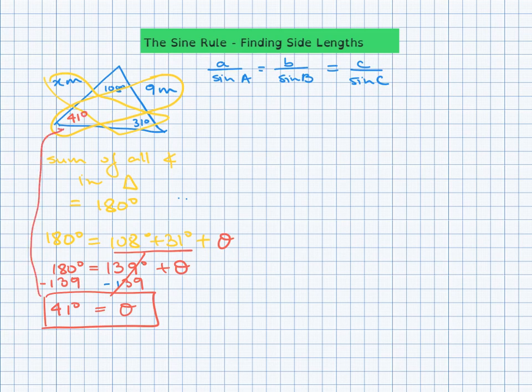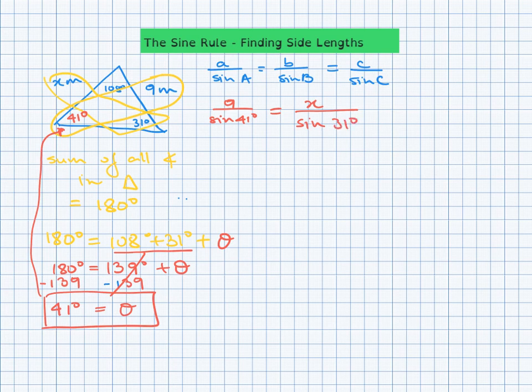Now we do have two sides given and an angle, which is beautiful. So let's do it. How are we going to do this? We can go now 9 over sine of 41 is equal to x over sine of 31.